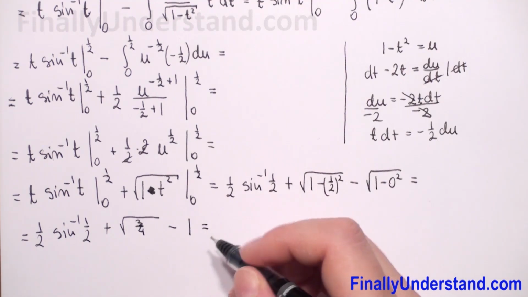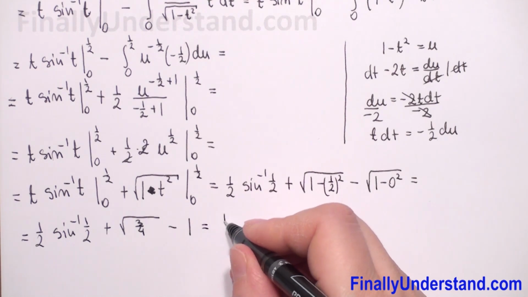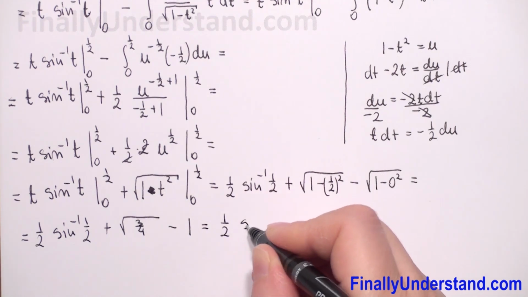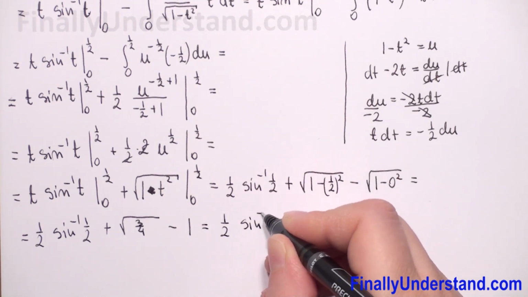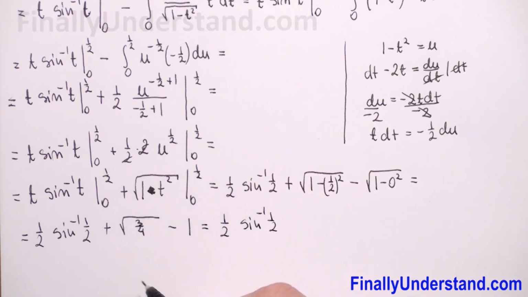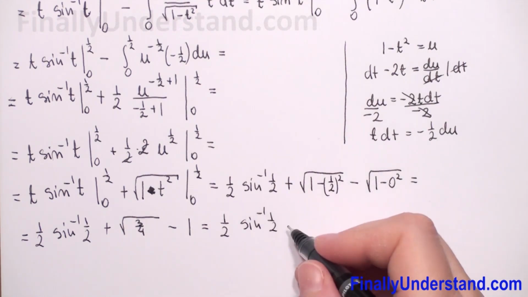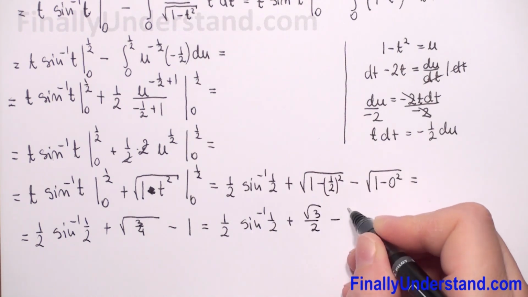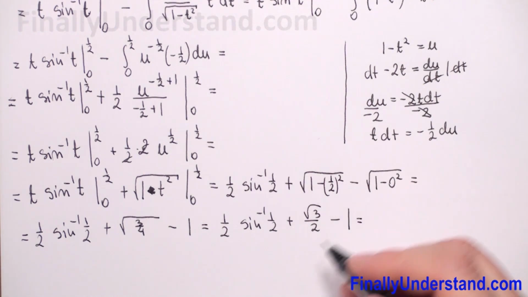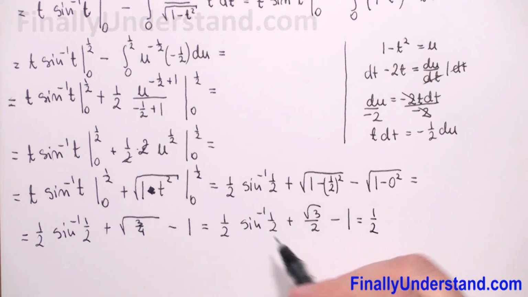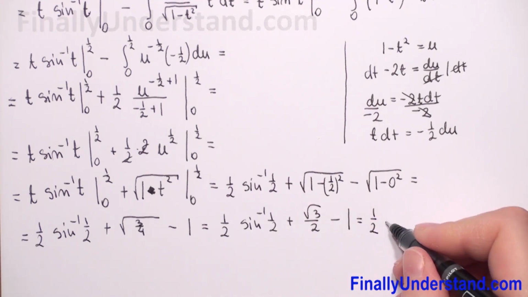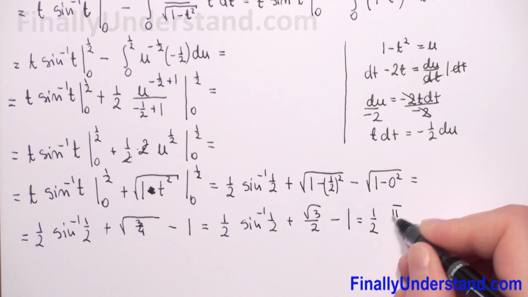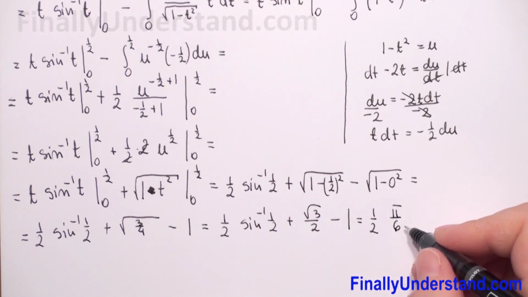So this is equal to 1/2 inverse sine of 1/2 plus the square root of 3 over 4, so it will be plus square root of 3 over 2, minus 1. We have 1/2, and inverse sine of 1/2 is pi over 6.